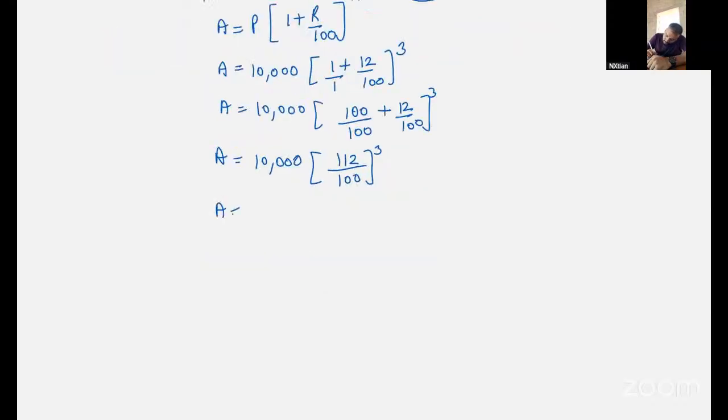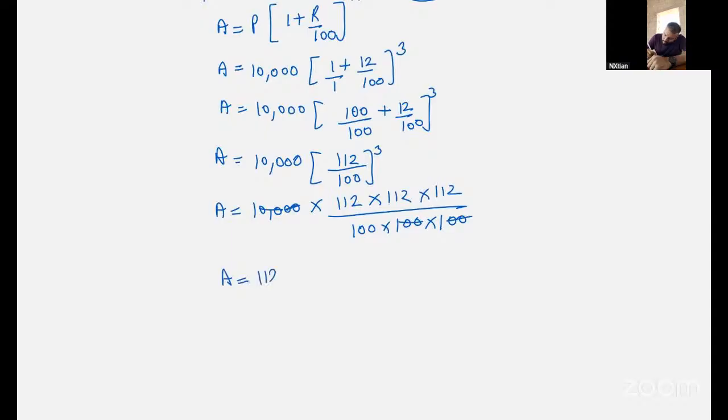So amount will be 10,000 into 112 into 112 into 112 upon 100 into 100 into 100. This 0 and this 0 will cut. Okay, so you have to multiply 112 by 112 by 112. Now don't cut it, simply multiply this.